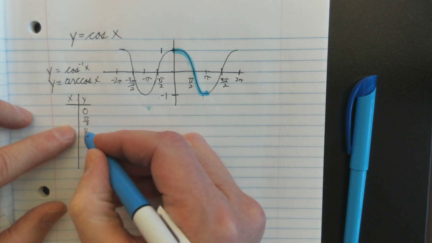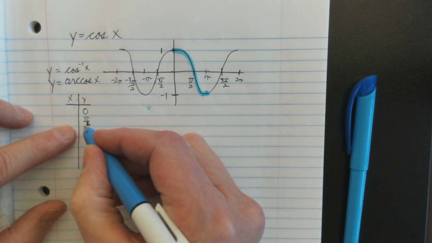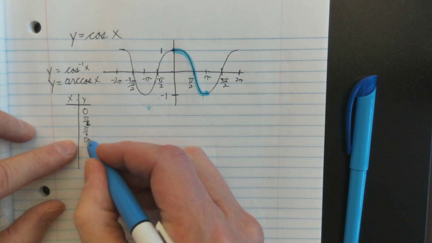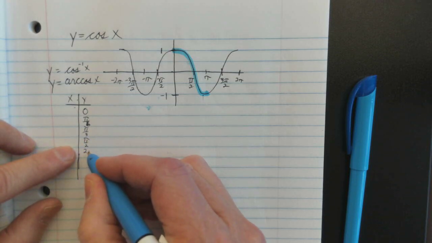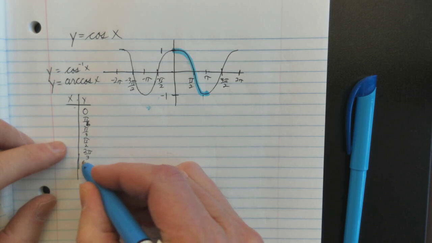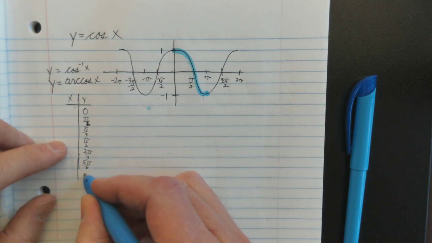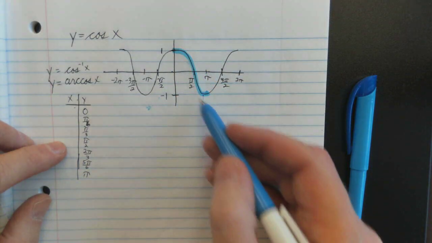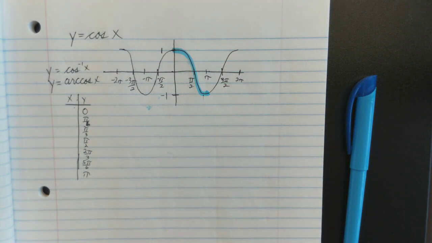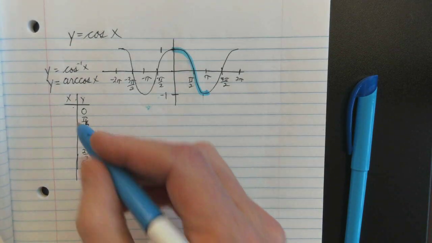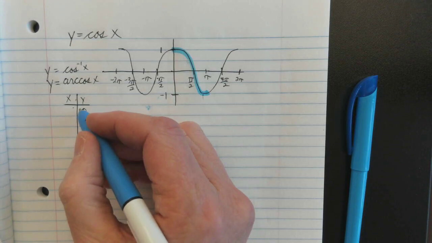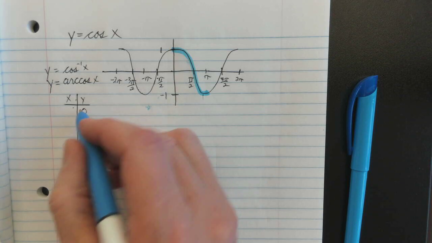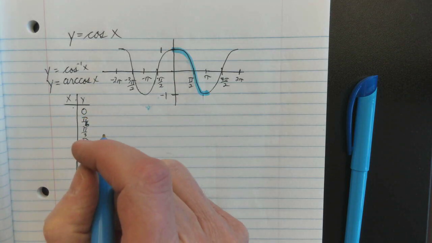Pi over 6, pi over 3, pi over 2, 2 pi over 3, 5 pi over 6, and pi. Just if I split that up that way. Now, what is the cosine of 0? All right. Well, I got it down to 2. What's cosine of 0?